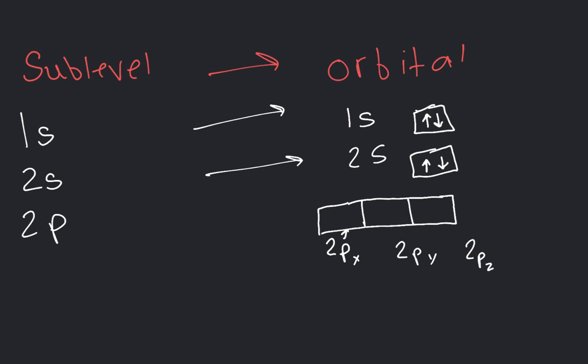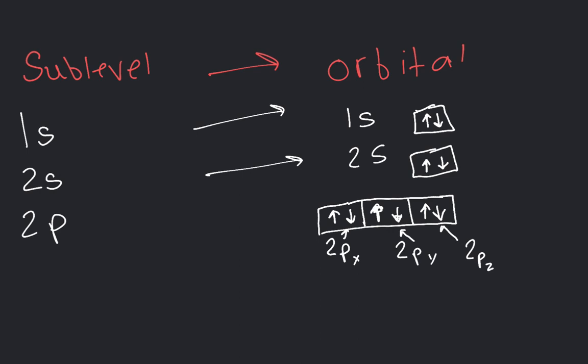So 2px, 2py, 2pz. And so you can hold 2 electrons in the 2px orbital, 2 electrons in the 2py orbital. Oh, it's terrible, but moving on here. And then you have 2 that can go in the 2pz orbital.